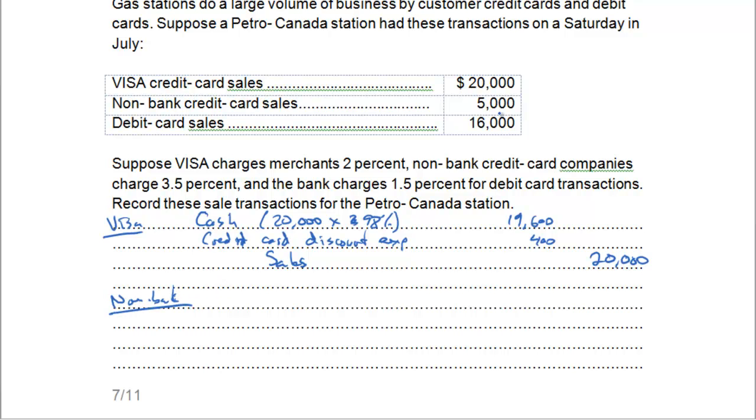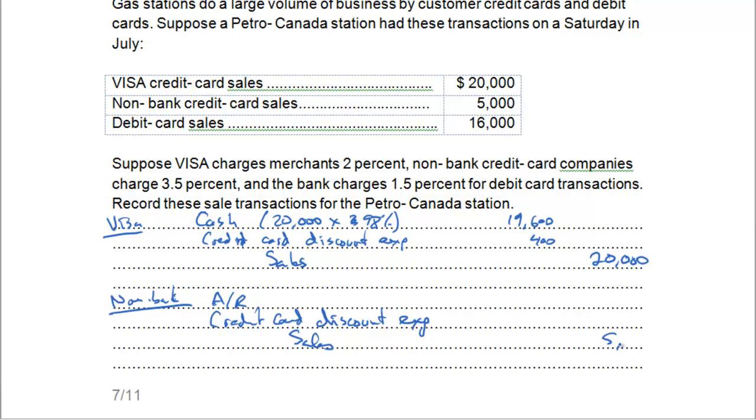Then we have the non-bank, and that was $5,000. Here, remember that we're dealing with accounts receivable, not cash, and then it's again going to be credit card discount expense, and then sales.